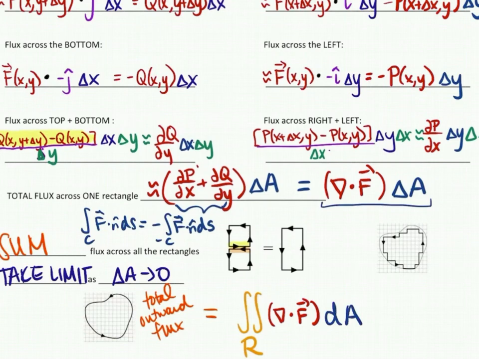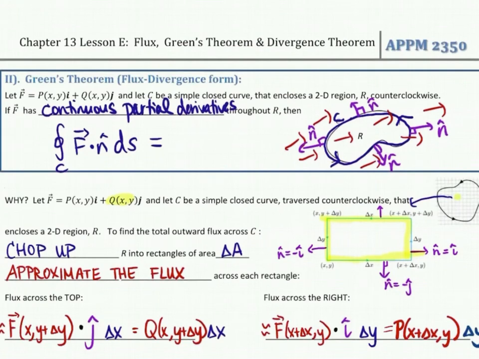And so let's go back up and put this into our theorem up here. And what we've just shown is that instead of looking at what's happening on the boundary and integrating a line integral around the boundary to figure out the flux, we can actually add up or integrate the divergence everywhere on the interior, and we will still get the same result.